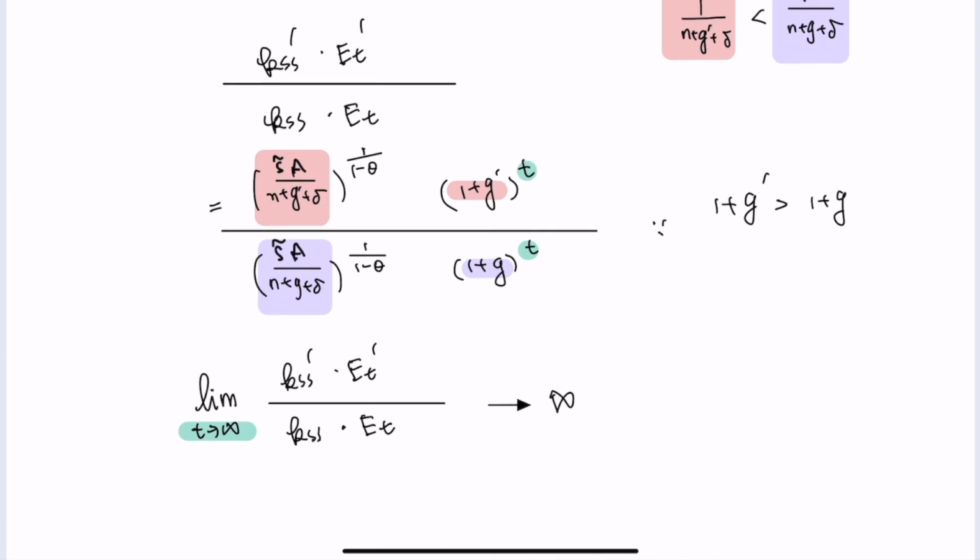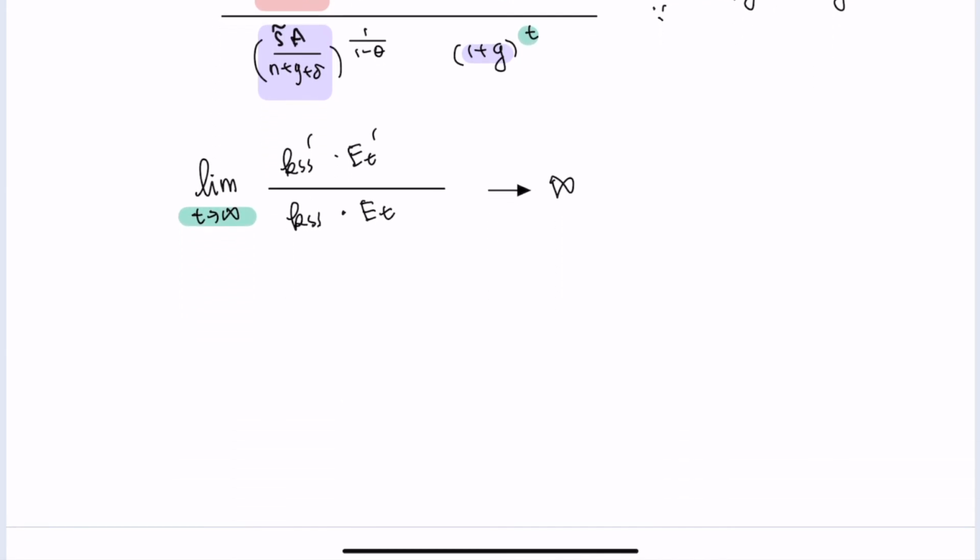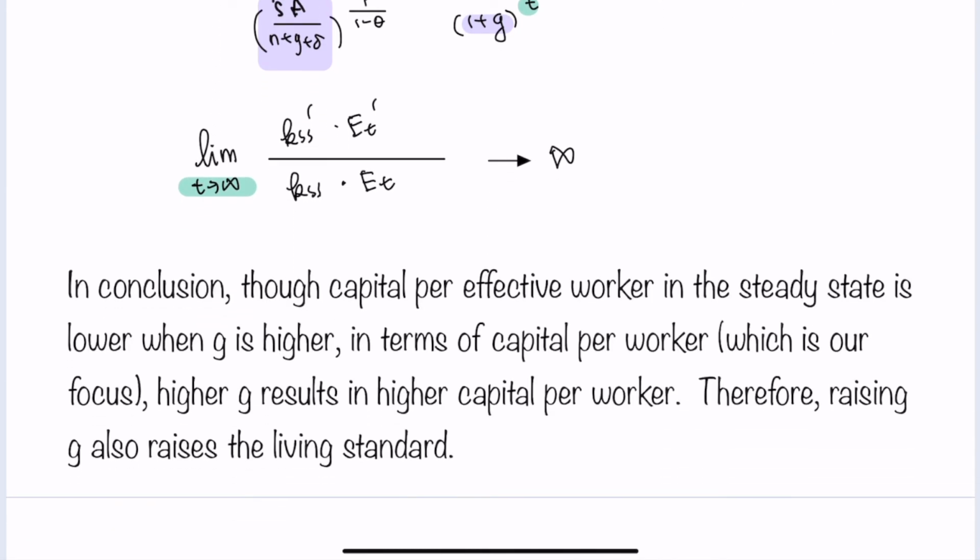In conclusion, though the capital per effective worker in the steady state is lower when g is higher, in terms of capital per worker, which is our focus, higher g will result in higher capital stock per worker. Therefore, raising the g also raises the living standard. So that's the role of the g under the Solow model.